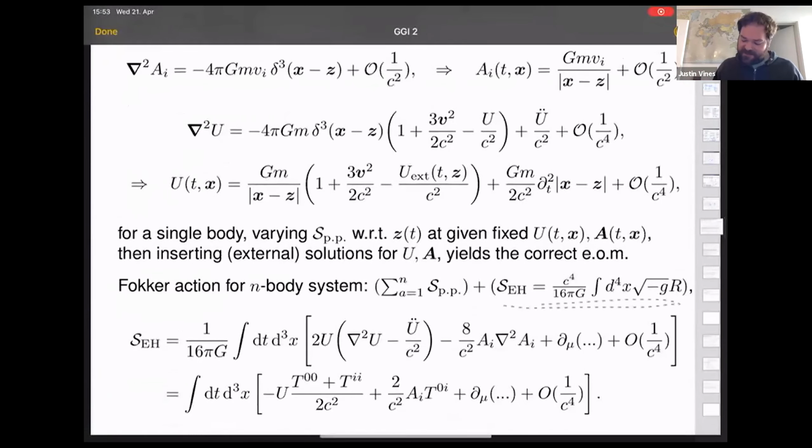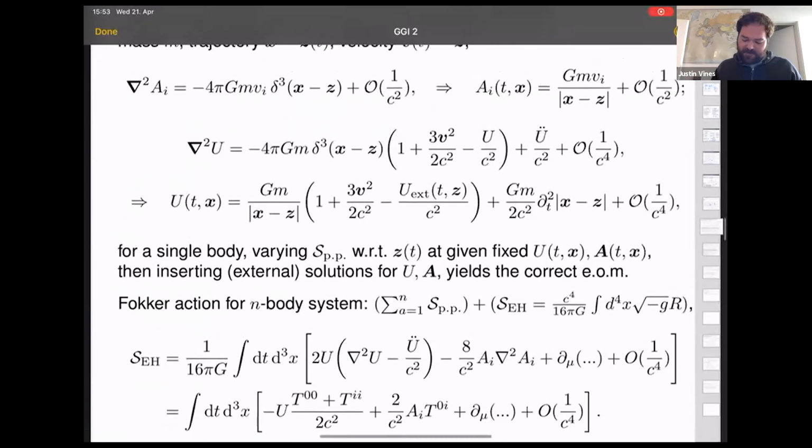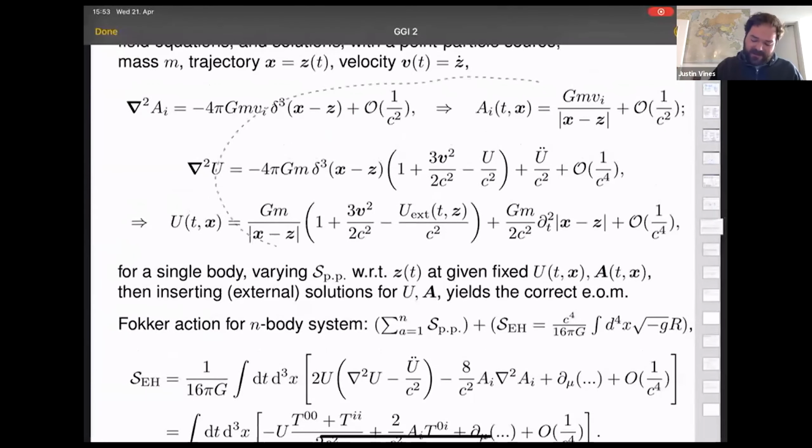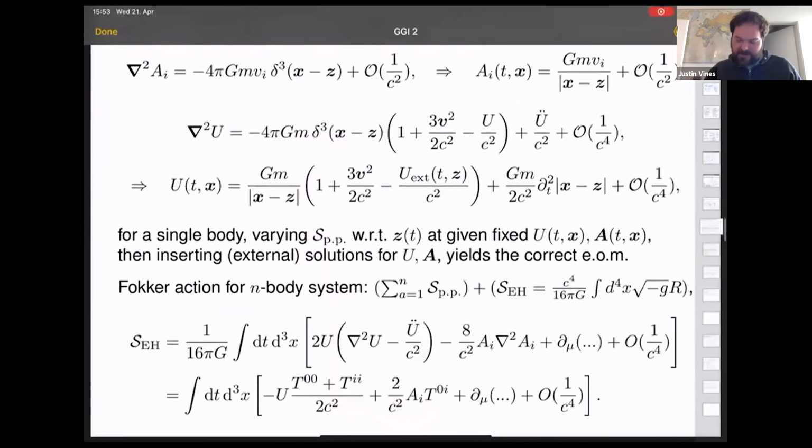We can't forget the Einstein-Hilbert term. We have to add that to all of these. Doing that, and then inserting all of the solutions to the field equations, will give you a correct so-called Fokker action for an n-body system.